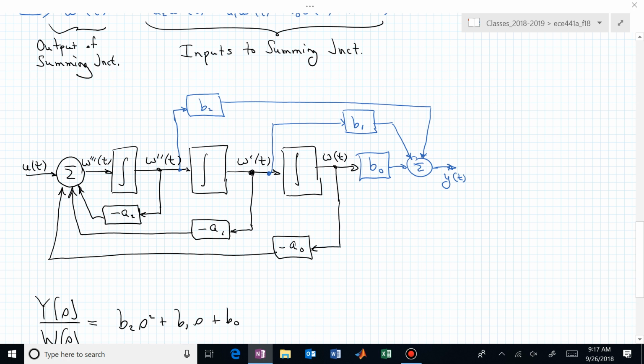The input is now just injected once into this set of 3 integrators interconnected in a different way. And now the outputs of those integrators are being fed forward to produce the actual output Y of t. Questions on how we produce that block diagram from the same transfer function?